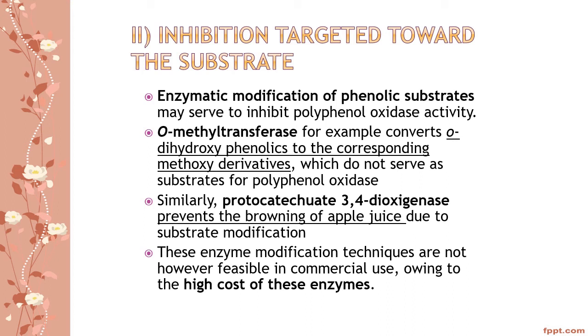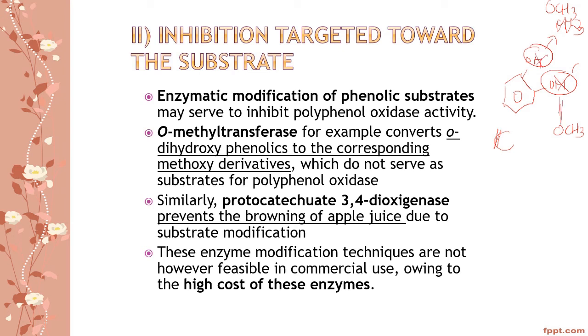For example, if you have a dihydroxyphenolic, this phenol compound, dihydroxy, you can convert this hydroxy group to OCH3, methoxy. So once it is substituted, it no longer can react with the PPO.